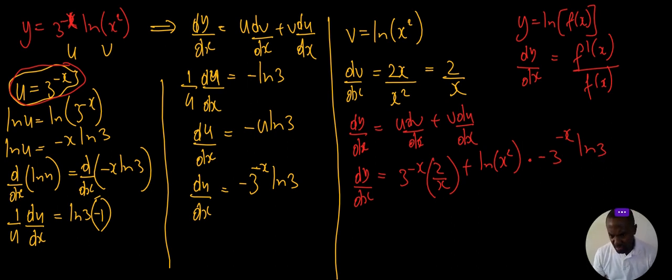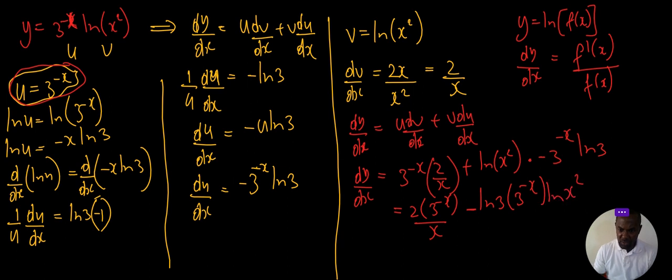We could leave it like that. There's no point in trying to simplify something like that, but let's see what we can do further. This is the same thing as 2 times 3 to the minus x over x, plus, or rather that's going to be negative because the minus sign makes it negative, minus natural log of 3 times 3 to the minus x times the natural log of x squared.